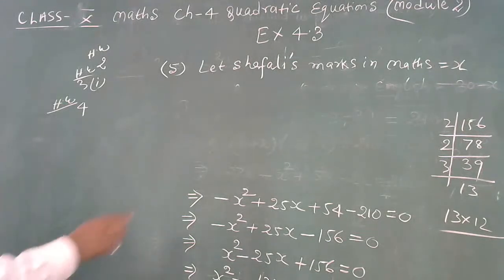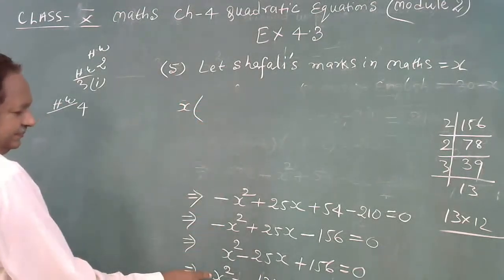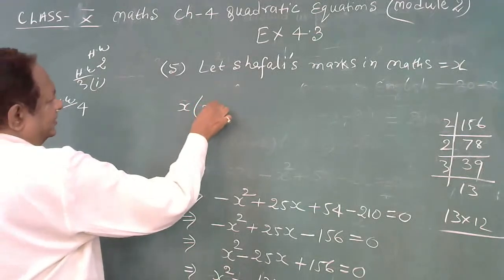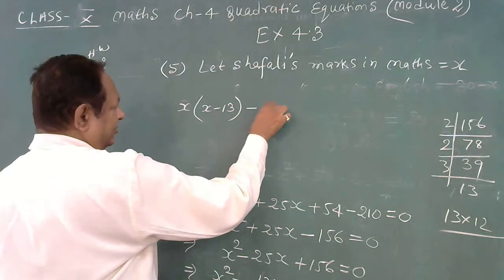In place of 156, write their factors, 13 into 12. Now take common. x is common, so x minus 13, minus 12 common.